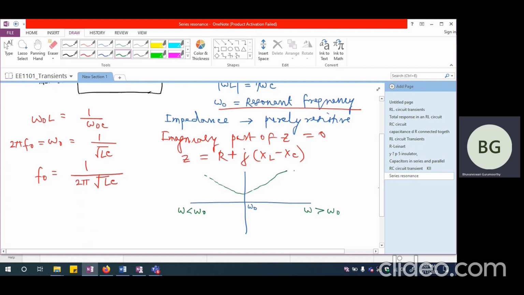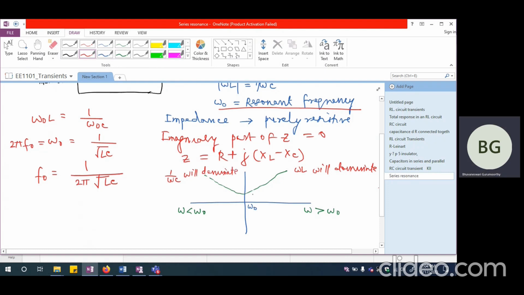Here omega L will dominate over 1 by omega C in one range, whereas in the other range 1 by omega C will dominate.